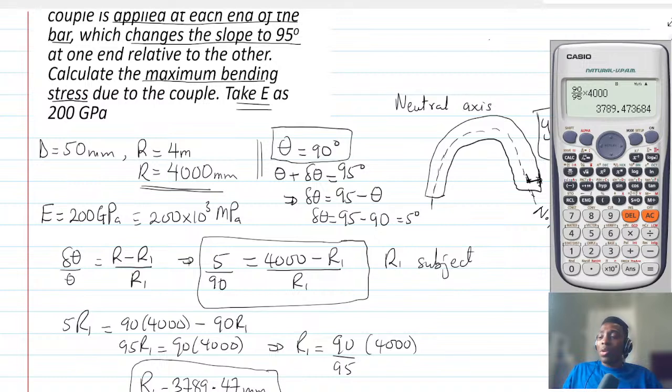And mostly for a circular cross section, it's going to be the diameter divided by 2. We are going to solve a couple of questions very soon, then you understand it better.